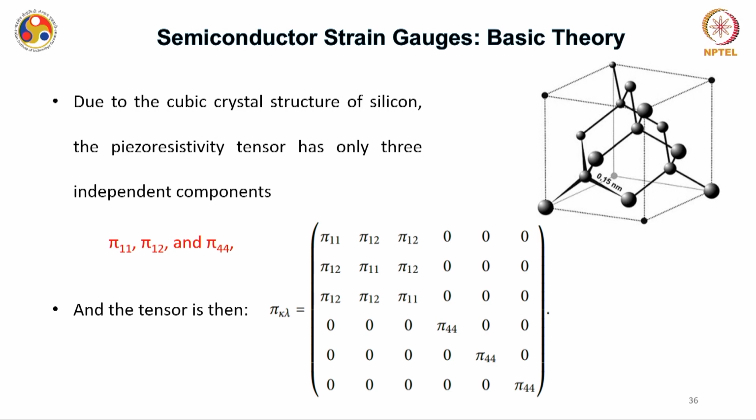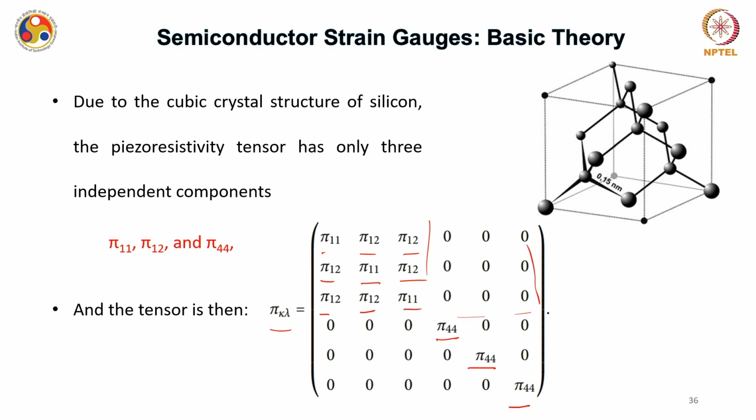Therefore, the tensor can be written with rows pi 11, pi 12, pi 12; pi 12, pi 11, pi 12; and pi 12, pi 12, pi 11, and all other components are 0 except pi 44.